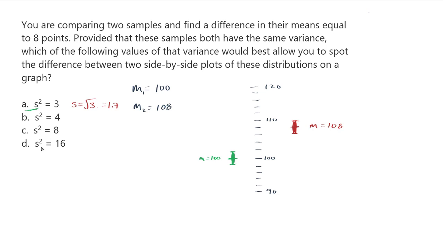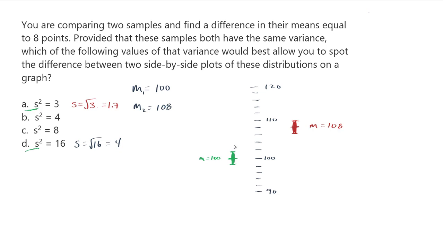What if I went to the other extreme and I went with D? If we look at this other extreme of a variance of 16, take the square root in the same way we did before to get the standard deviation, so the square root of 16 is 4. Once again, the majority of scores are going to be within one standard deviation.